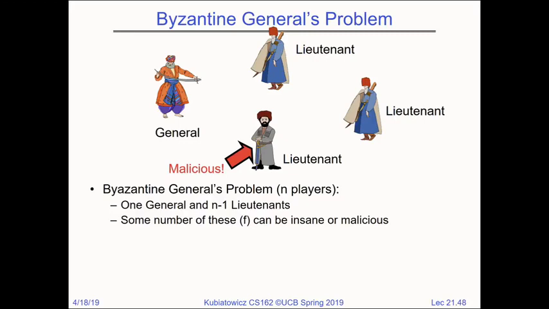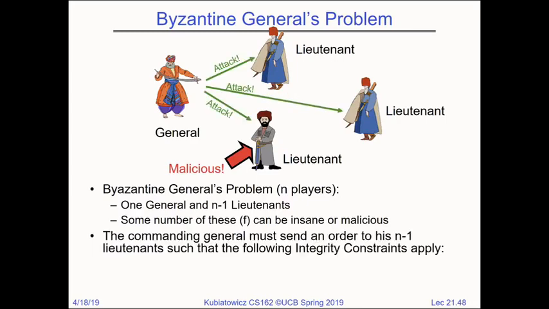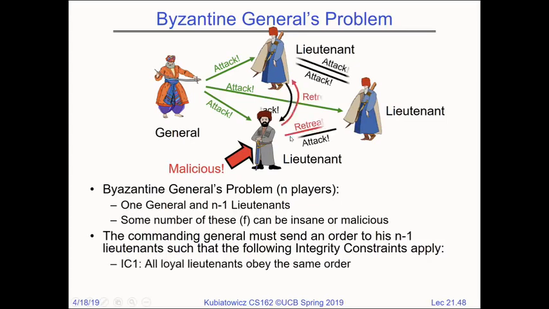The question that you might ask is, can we come up with a distributed decision-making protocol that works despite the fact that there's some number of players who are actively trying to make the wrong thing happen? That's the question here. Okay? And the commanding general is going to send an order to his N-1 lieutenants such that we have the following integrity constraints. 1, all the loyal lieutenants do the same order.